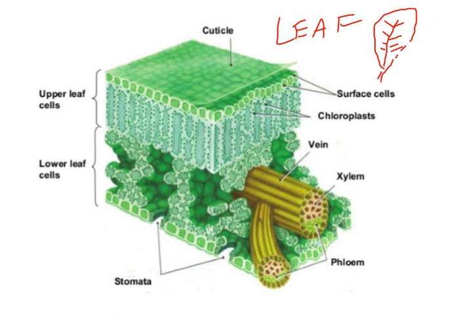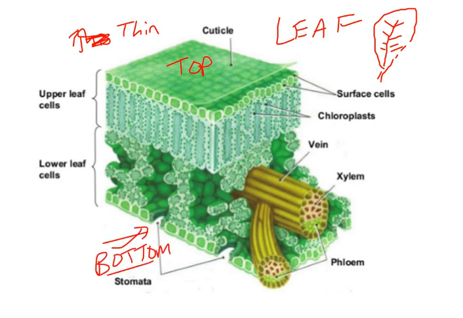So this is meant to be a really, really thin section of a leaf, where this is the top of the leaf and this is the bottom of the leaf.